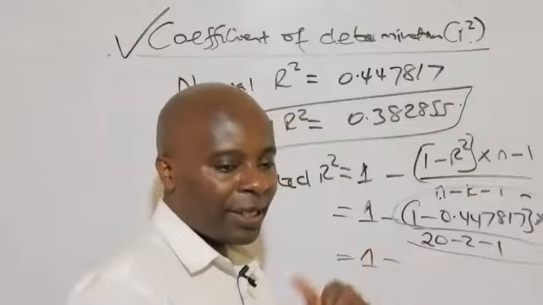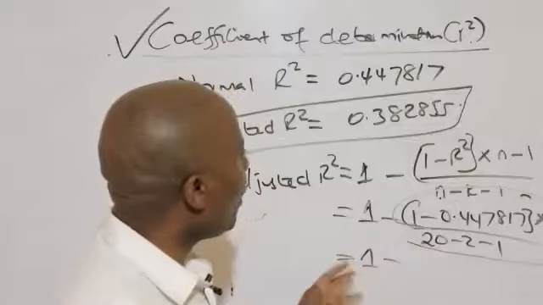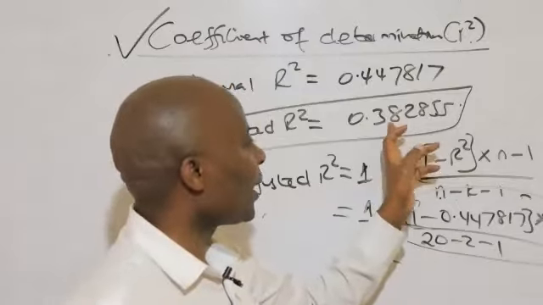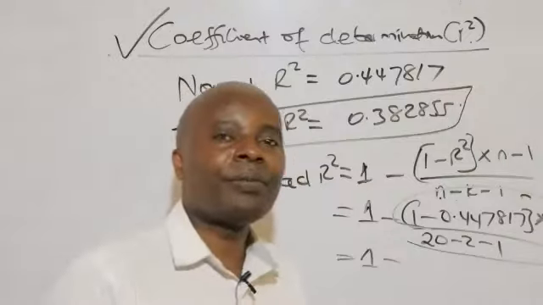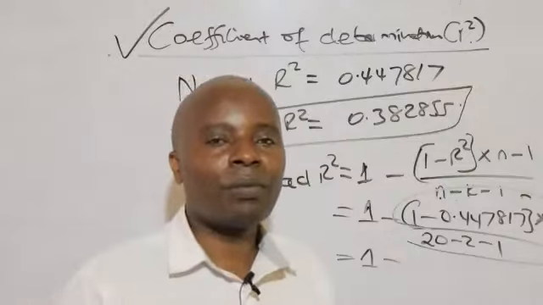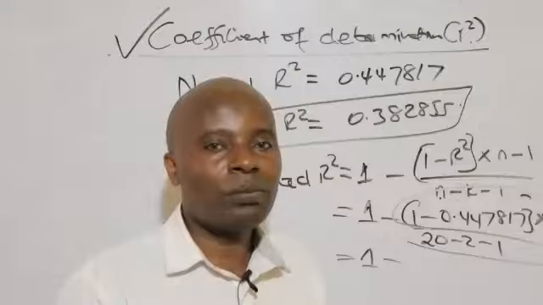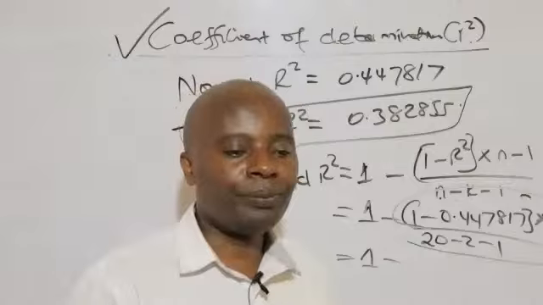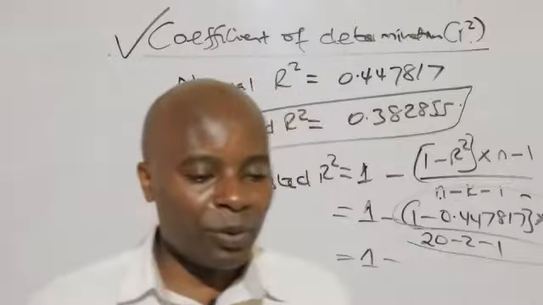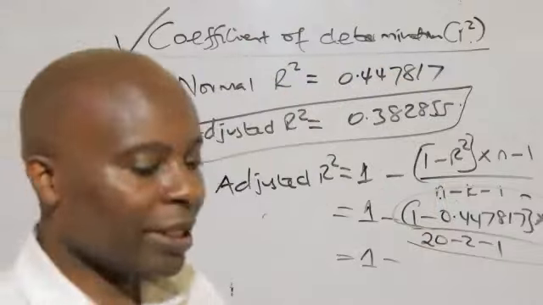So 1 minus that figure, check whether it gives you something close to this adjusted R squared. Yeah, I can see somebody who has already gotten an answer, 0.38. Exactly.